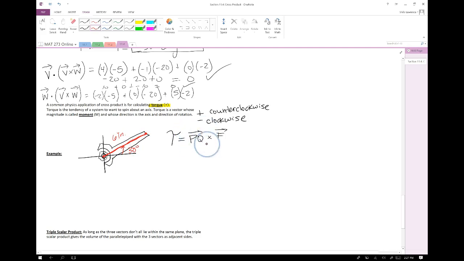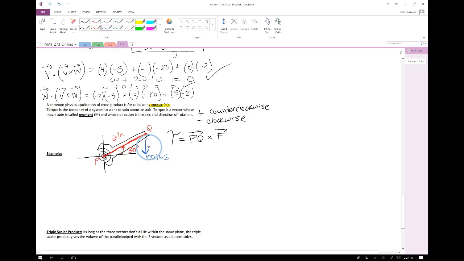That's enough information to write out the component form for vector PQ. And we could say P is the fixed point and Q is at the other end of our handle. Now we're applying a force on this handle straight down that has a magnitude of 100 pounds.